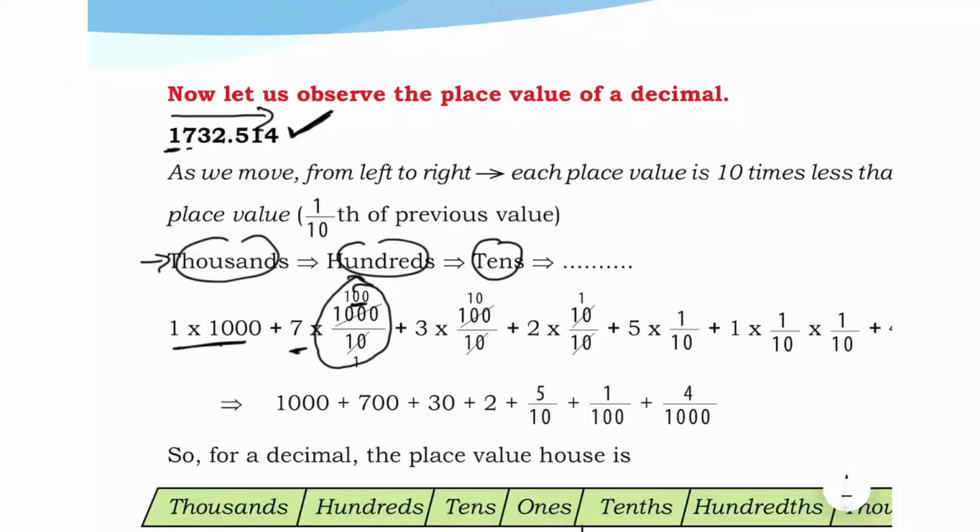So it's reduced 10 times. And then you have 3 in the tens place. That is 3 into 100 by 10. That means from the previous place value, that is 100, it becomes 1/10 of 100, that is 10. And then you have 2. 2 is 2 into 10 by 10, that is 1/10 of the previous place value, that is 10.